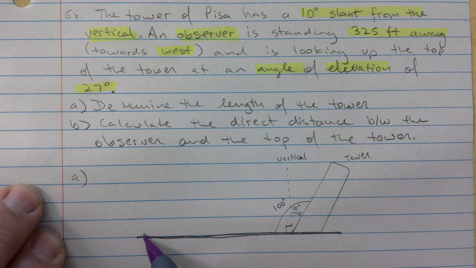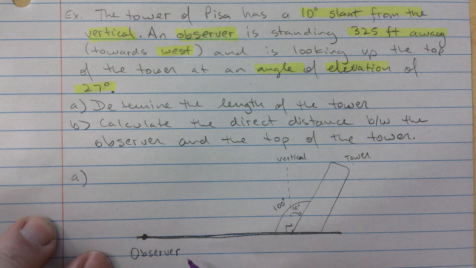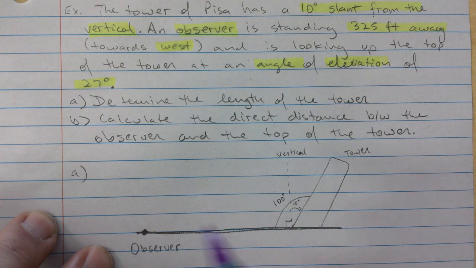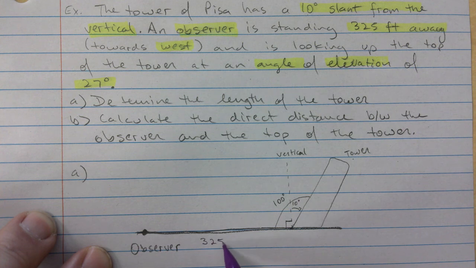The observer is somewhere over here, right? That's where the observer is. We're not worried about the height of the person at this point, but we know that the observer is 325 feet from the base, towards the west.